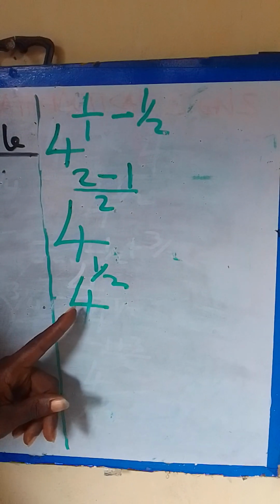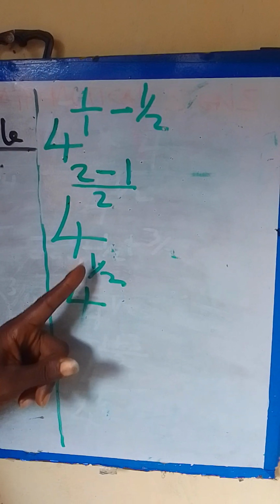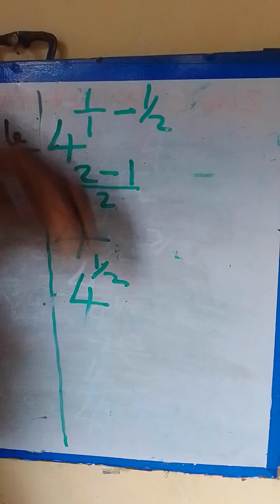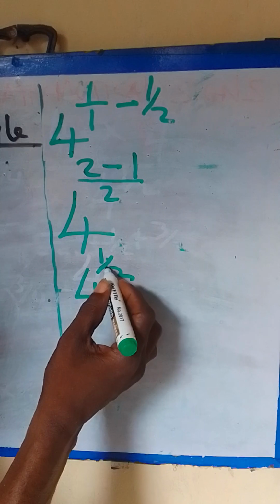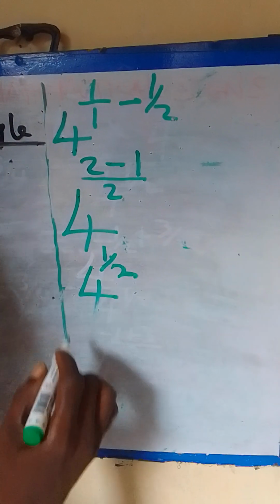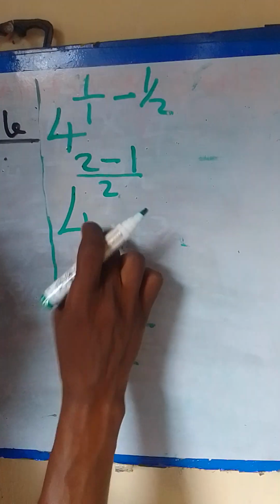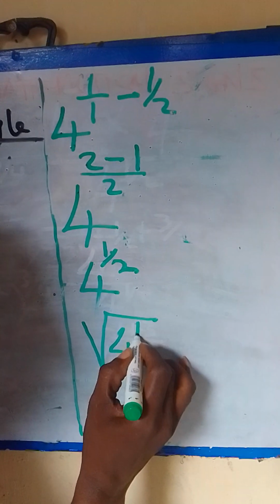When you have a fractional index like this, the denominator will be the root of the base. Now this is 2. Since it is 2, it is the square root. Now it becomes the square root of 4 raised to the numerator. The numerator is 1.